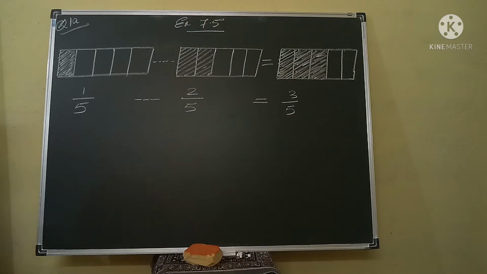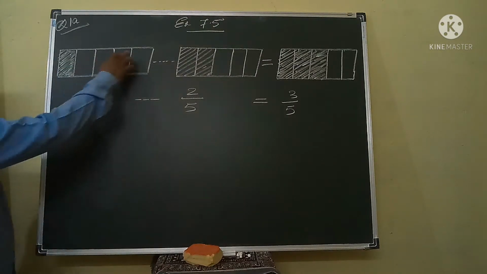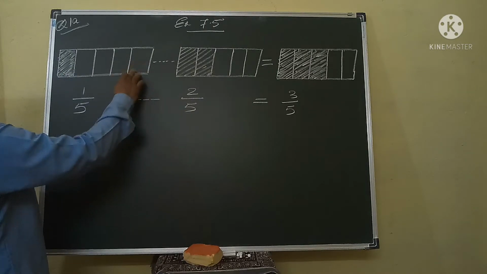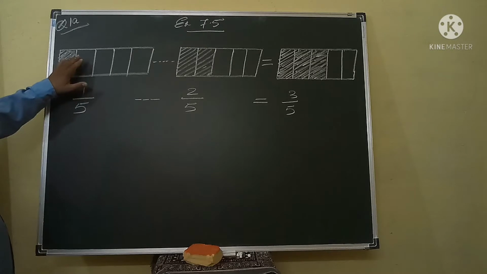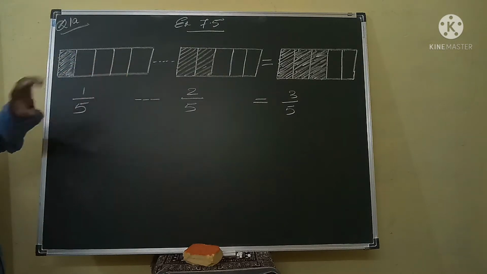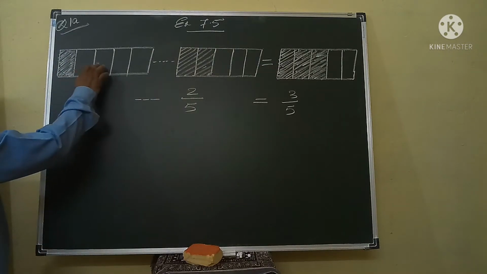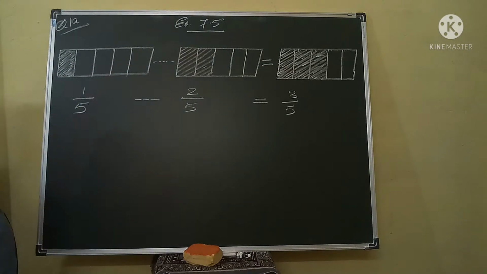As you are looking at the first rectangular block, it is divided into 5 equal parts: 1, 2, 3, 4, 5.